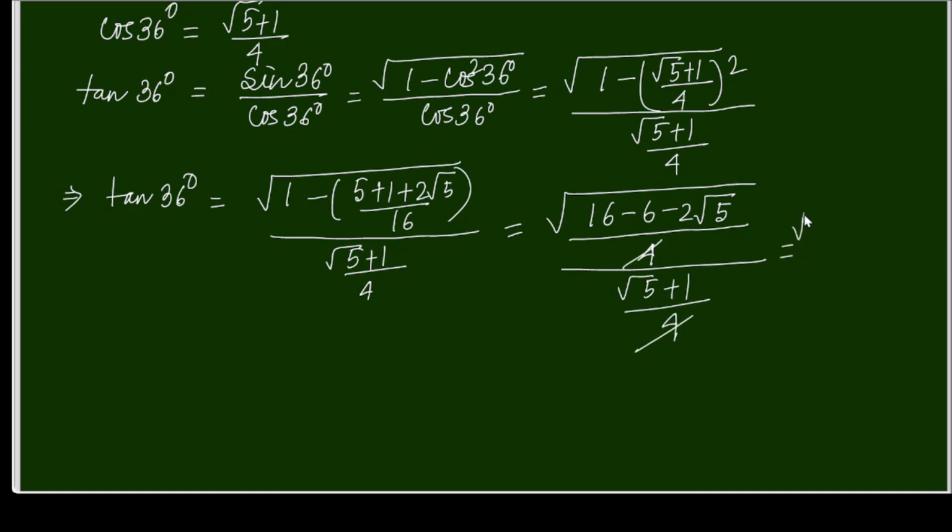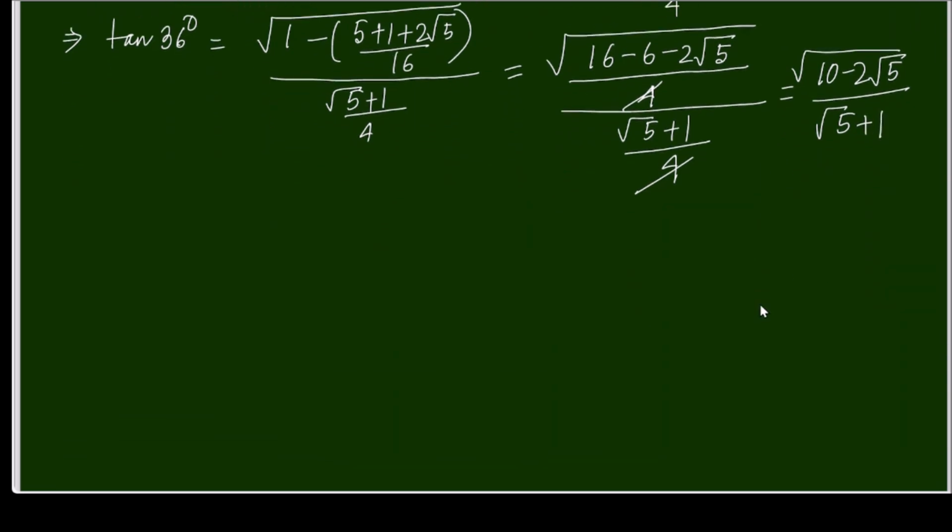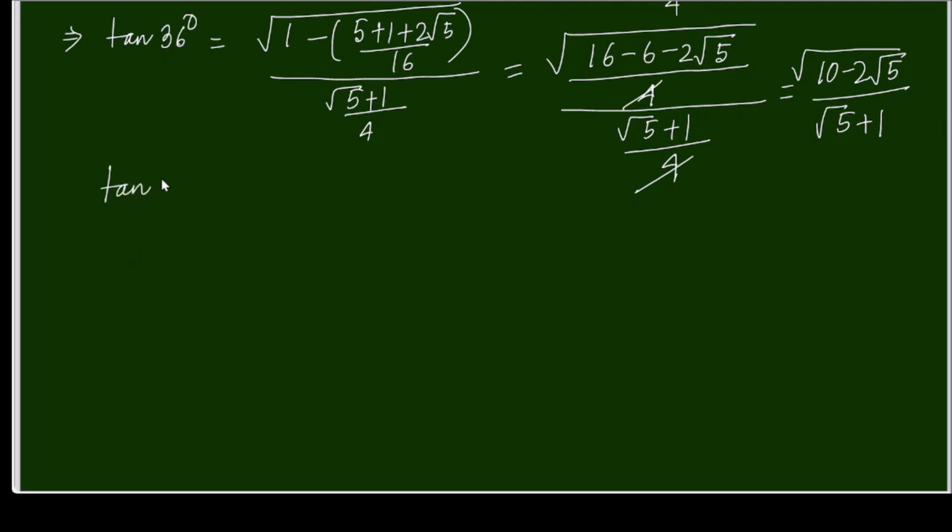Ultimately I am getting in the numerator square root of 10 minus 2 root 5 by root 5 plus 1. So tan 36 degree is equal to square root of 10 minus 2 root 5 by root 5 plus 1.